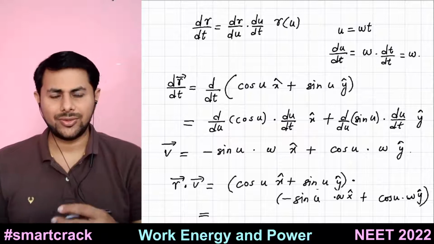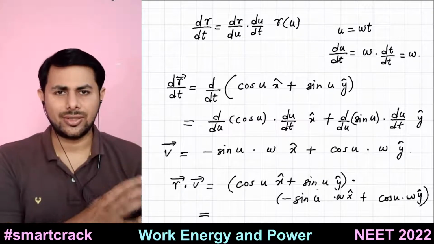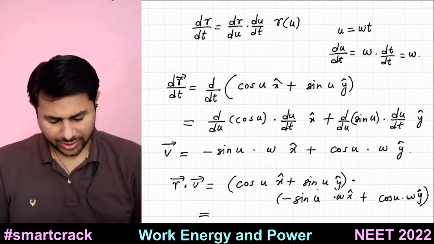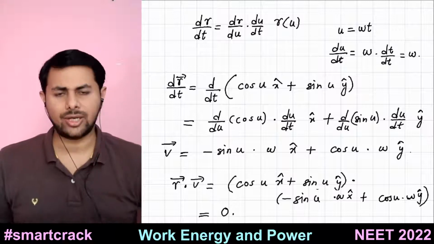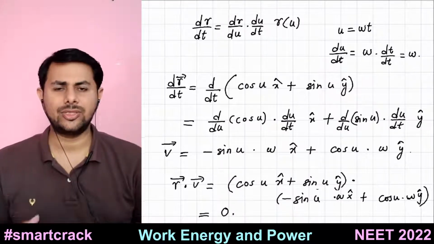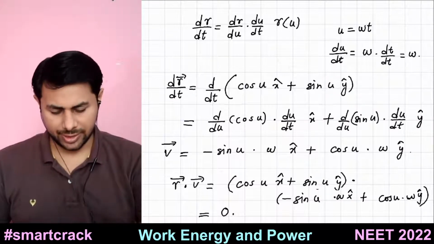So minus sine u cos u omega plus sine u cos u omega. Minus plus becomes cancelled out, and therefore it's equal to 0. So if dot product of two vectors is 0, that means those two vectors are perpendicular to each other. Okay, so we have solved till this point.